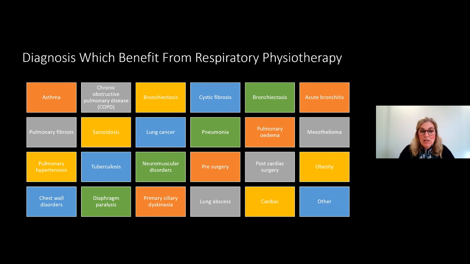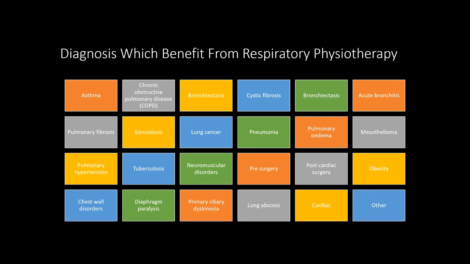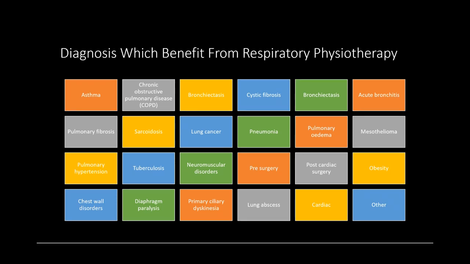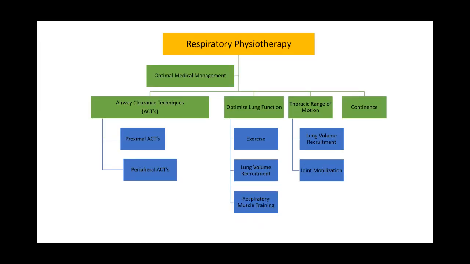Now, there are plenty of diagnoses that benefit from respiratory physiotherapy, and they're not all listed here, but this is just to show that we deal with an awful lot of patients and we can help them in multiple ways. Physiotherapists treat people holistically, and so respiratory physiotherapy after optimal medical management doesn't necessarily just focus on airway clearance techniques, but obviously we are involved in optimizing lung function, ensuring that there is adequate or improved thoracic range of motion.